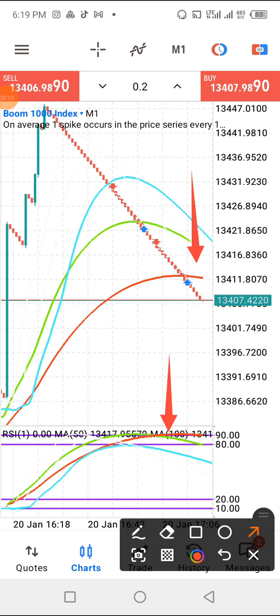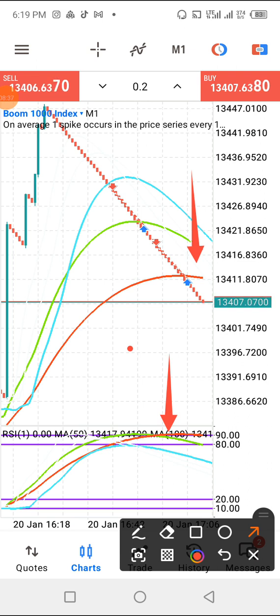Immediately that comes up, you open a sell. This is where you hold it up to when those lines are touching level 10 or level 80. At this point you can hold and scalp up to 20, 30, 40, 50 or 60 candles, that means these sticks. By then you can be making up to $5 to $10 with this method.